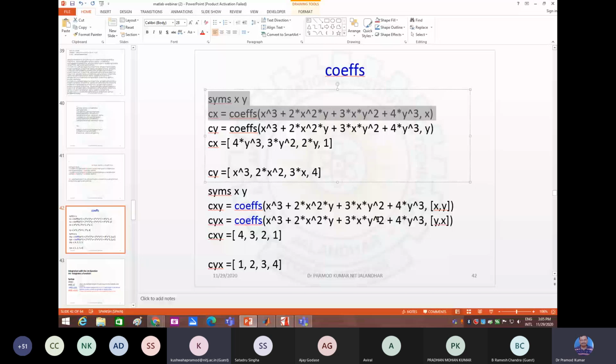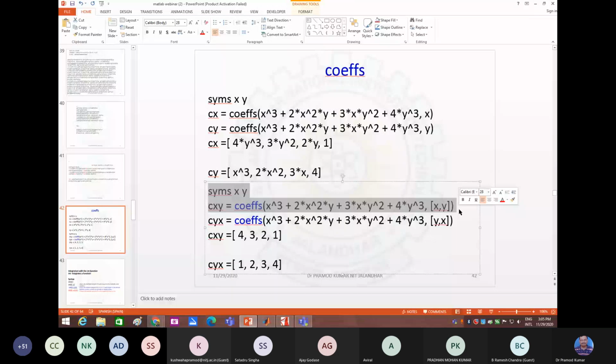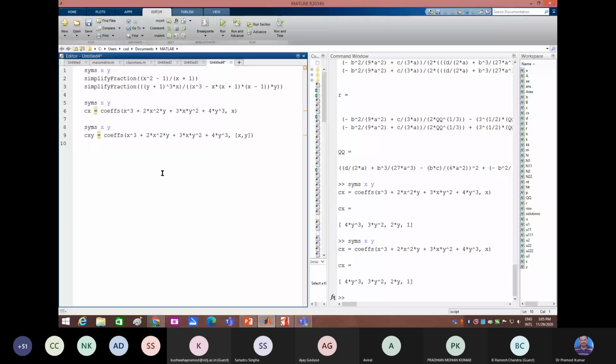Let us, the other example we have seen. Let us go for this x y. This is 4, 3, 2, 1.